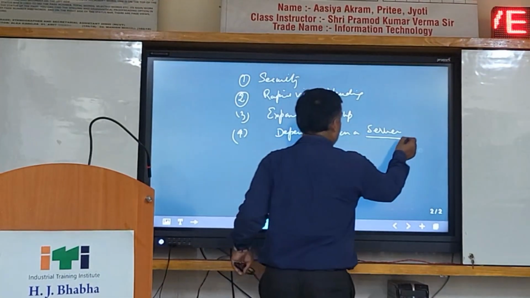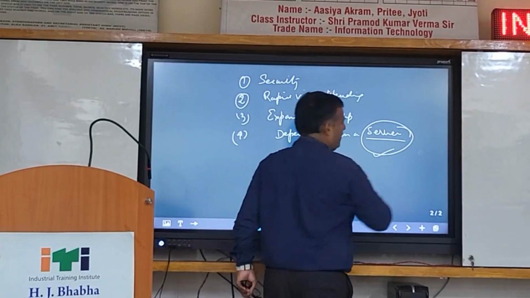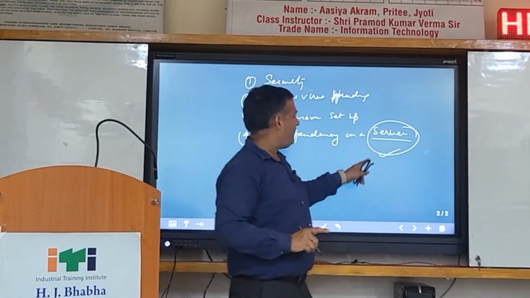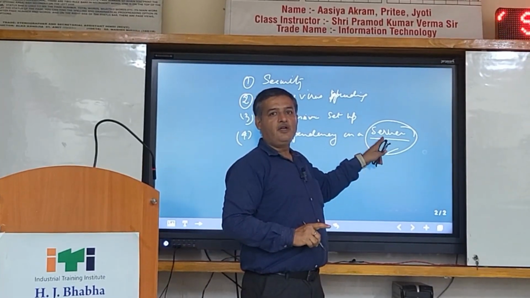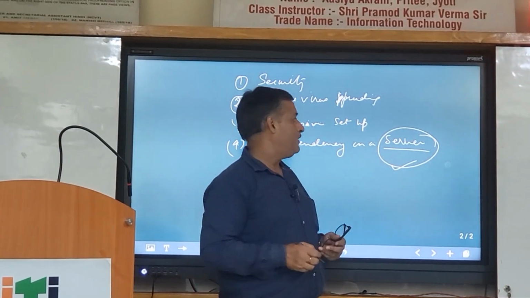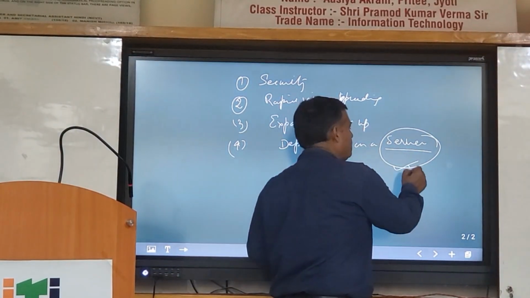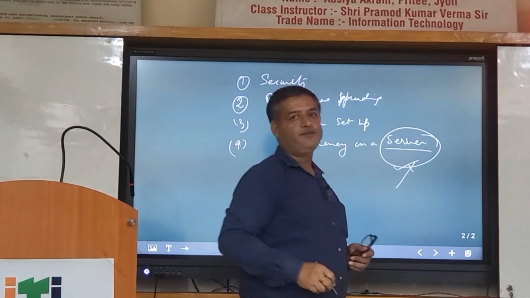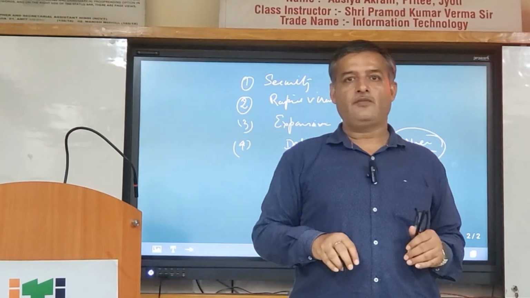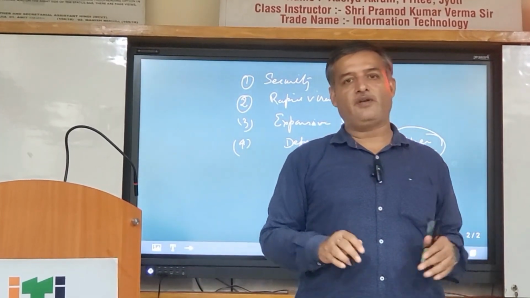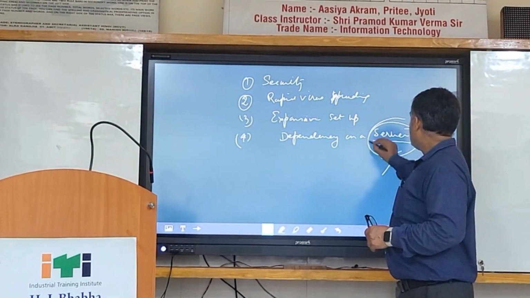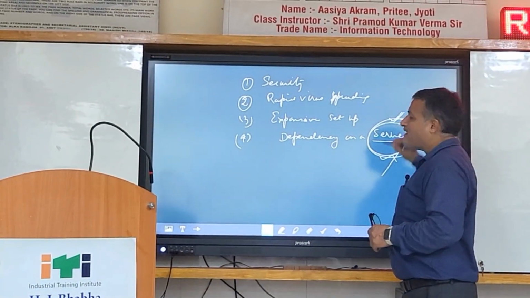If this particular computer doesn't want to entertain you, then you are unable to get the computer login facility and so on. You cannot work on the network. Suppose the server collapses, then the entire network will collapse. No one can work on the network. Because you have a dependency on a particular computer, this is also a disadvantage.